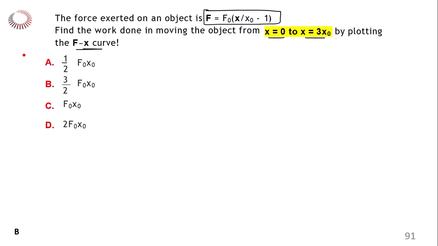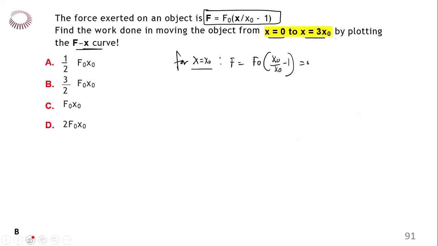So you have to plot the F versus x graph, then do it, not by integration. So how to plot this? For that, first check where the force is 0. If I put x equals x naught, what is the value of F? F should be equal to F naught into x naught by x naught minus 1. That means 0.